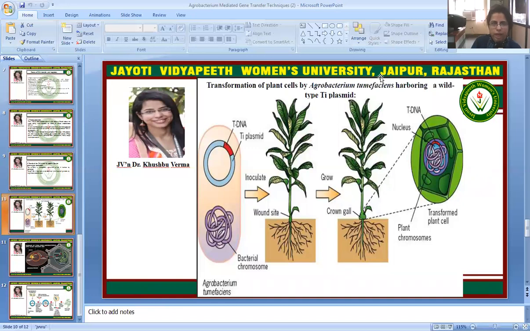This is the flow diagram where we can see transformation of a plant by Agrobacterium tumefaciens harboring a wild-type Ti plasmid. This is the T-DNA and Ti plasmid. It is inoculated at the wound site and then grown, and this is the crown gall region which will have T-DNA integrated into the host plant cell DNA.